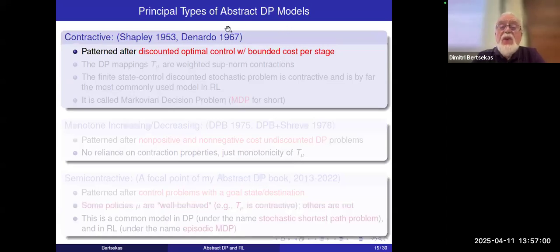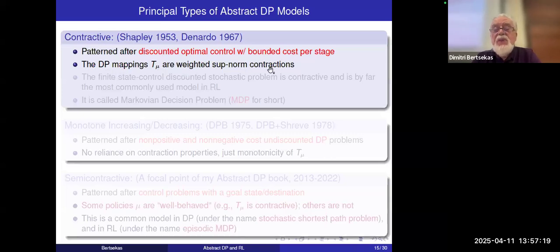Okay. So now there are several types of abstract dynamic programming problems that depend on the structure. One is the contractive model, where all these T mu mappings are contractions. It's patterned after the discounted optimal control problem with bounded cost per stage.